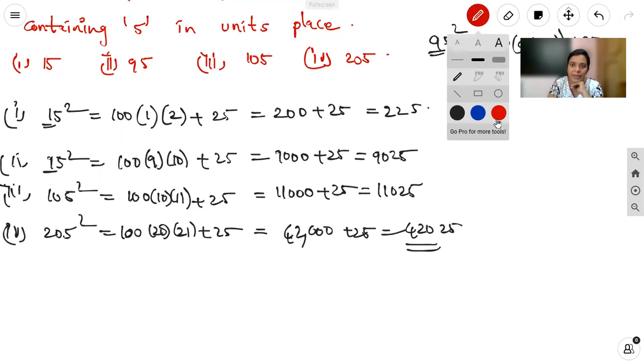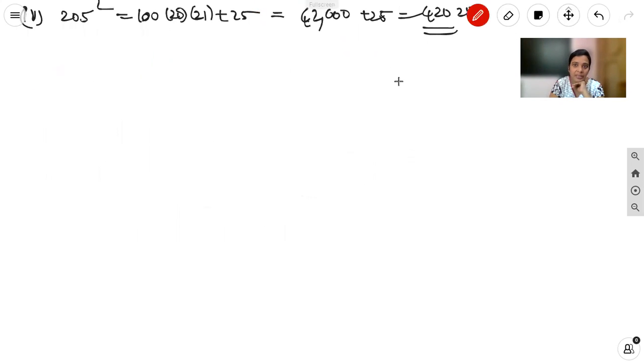Next one is the Pythagorean triplets. It's very, very important. You remember how to find the Pythagorean triplets.